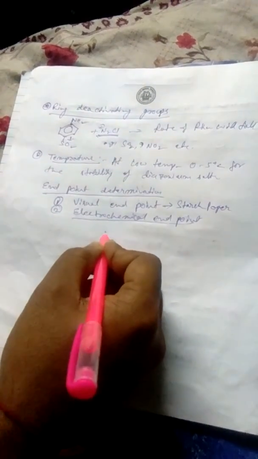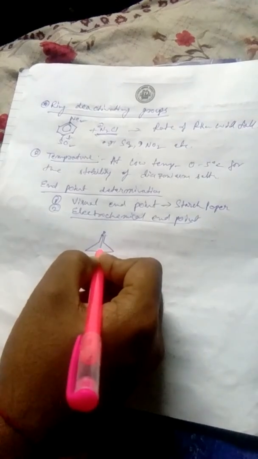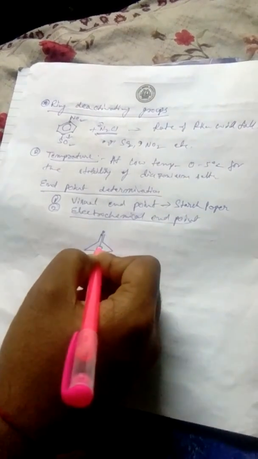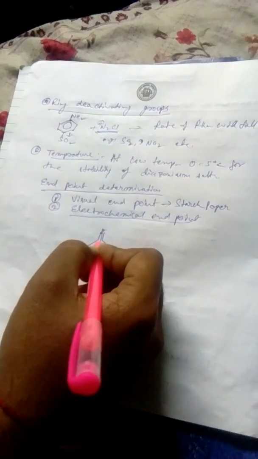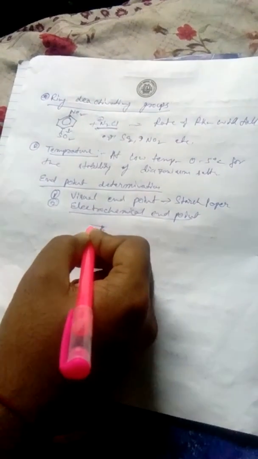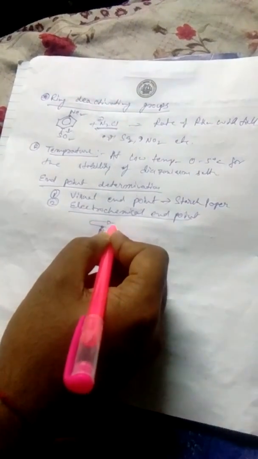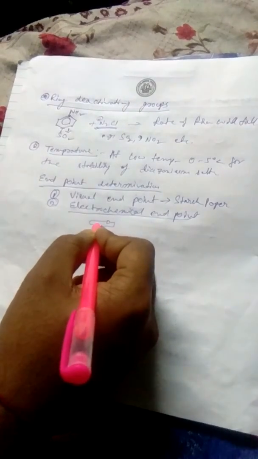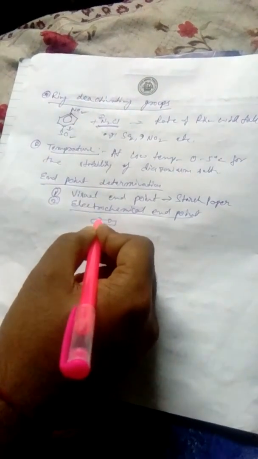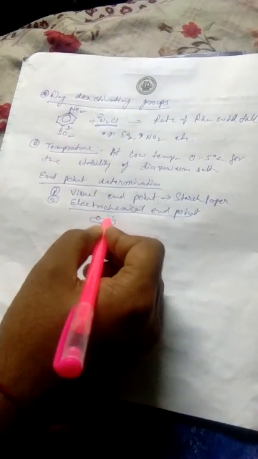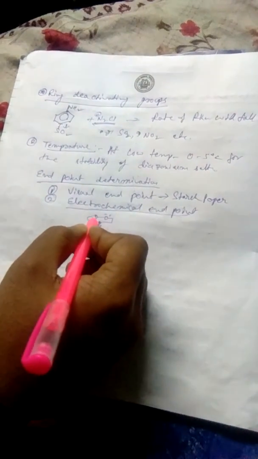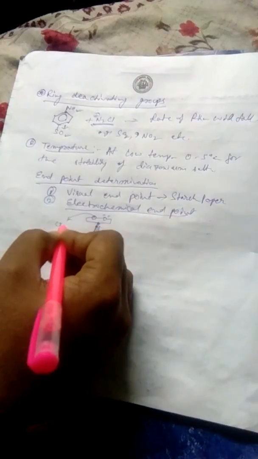In this, we will put one electrode of platinum, and a battery is fixed here, and at the battery there will be a galvanometer, plus minus. This one is the galvanometer.